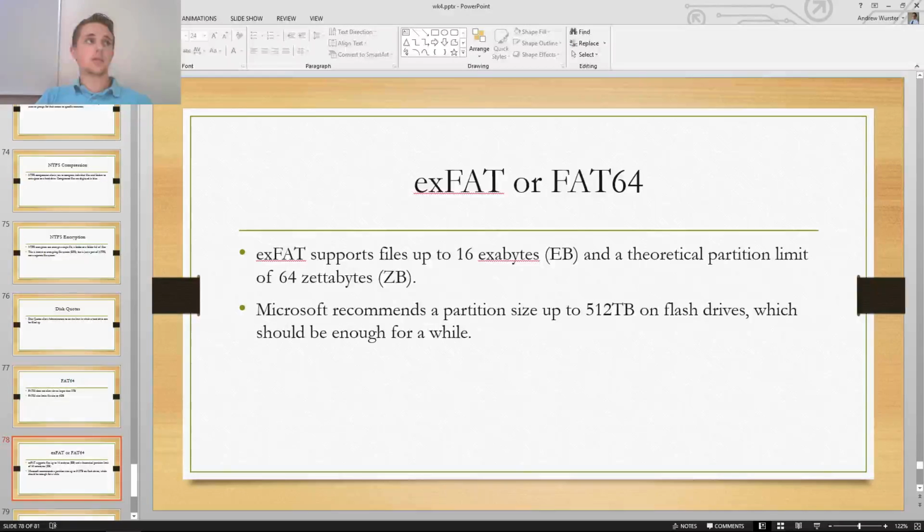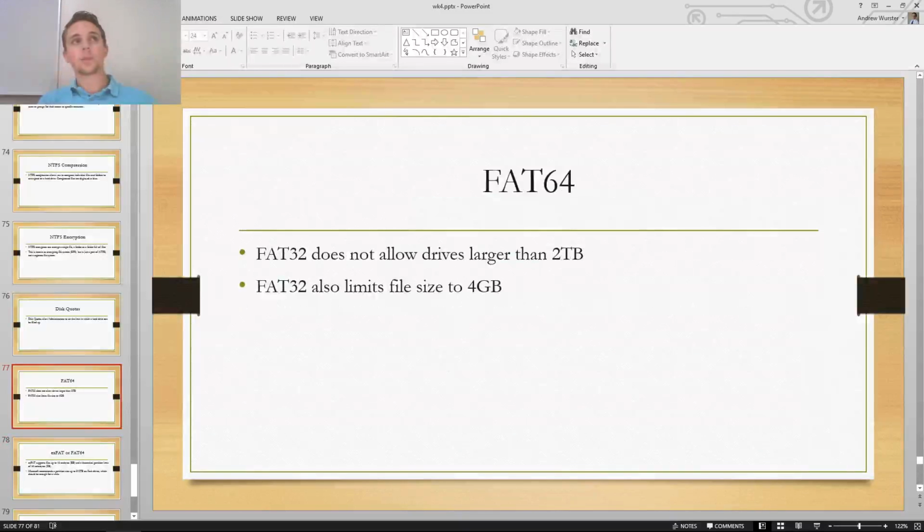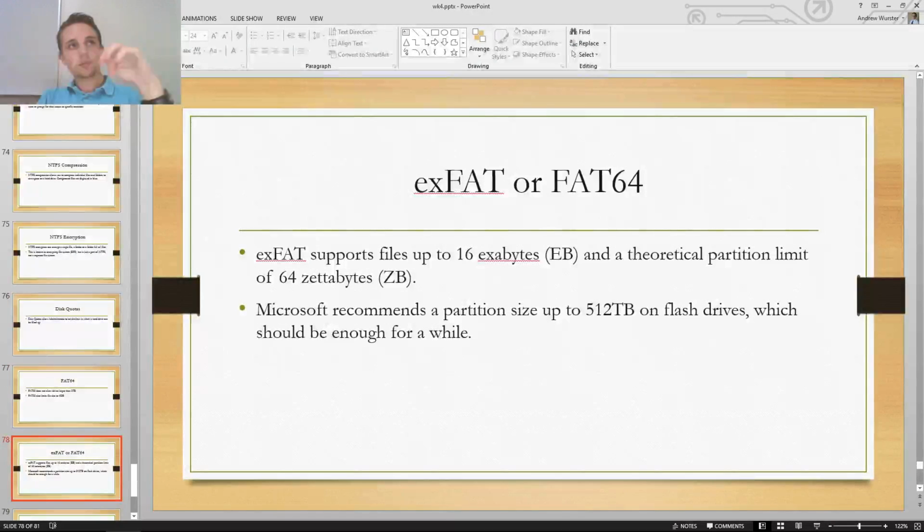FAT64. This is also known as exFAT, which is in the next slide as well. And it bypasses the limits that FAT32 has of having a 2 terabyte drive limit and the individual file size limit of 4 gigs. exFAT is generally recommended for larger external drives, usually not USB drives because they're not really giant.